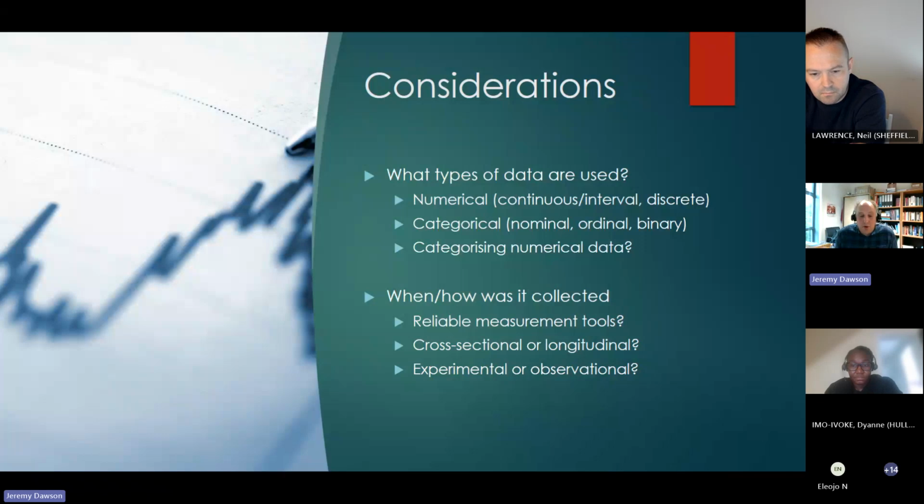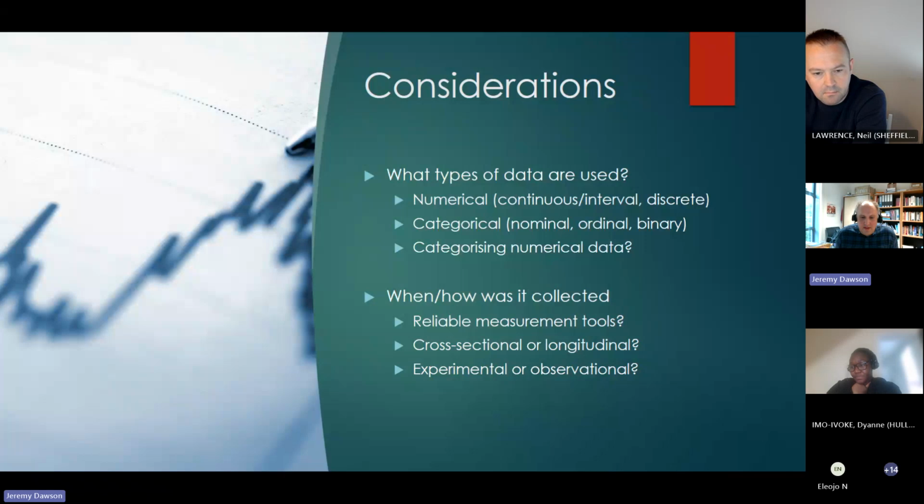Sometimes you might be collecting purely objective clinical data, which you would hope the tools are reliable, although that's not always the case. If you're looking at more subjective data, especially if it's collected via questionnaires or equivalent, then making sure that the methods used have been validated is really worthwhile.